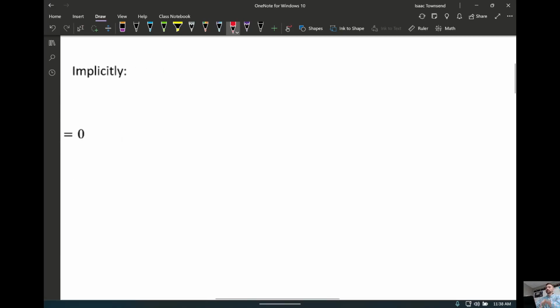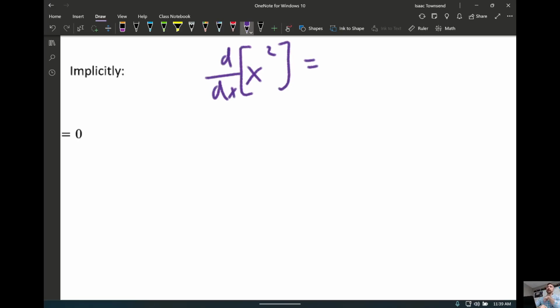Now, one thing that you guys need to be aware of is when we take the derivative of something like x squared, there's actually a piece here that I've not talked about because it hasn't been needed until today. But what is the derivative of x squared? 2x. Okay. And then technically, x is like the inside. That's something being squared.